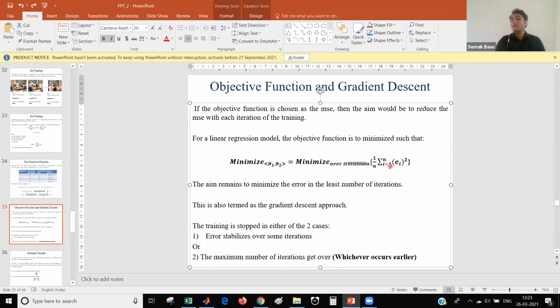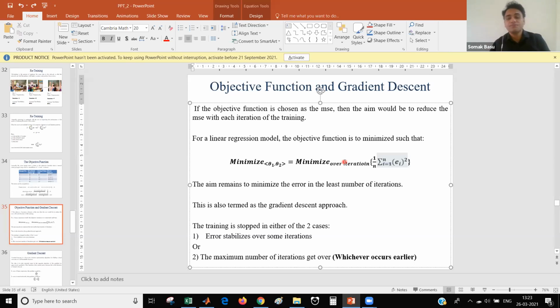So E is the error, 1 by n summation of i equal to 1 to n, ei square is the mean square error. What this means is you'll adjust the values of theta1 and theta2 in the linear regression model in such a way that with increasing number of iterations, you'll minimize the error. So as you keep training the machine learning model, the error keeps decreasing and the accuracy keeps increasing.